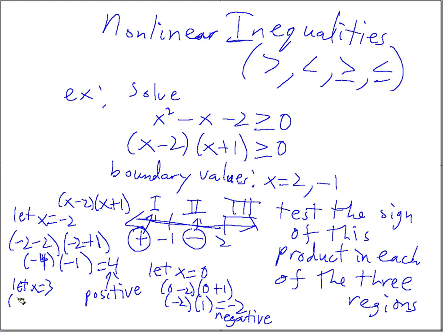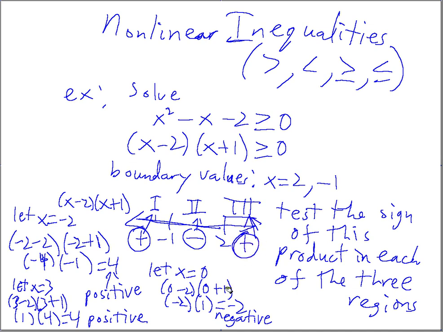Well, that's going to be what? 3 minus 2 and 3 plus 1. That's going to be 1 times 4, which is positive. Right? Again, this is positive. All right, does that make sense? Positive. So if I pick a number in the third region, the result will be positive as well. So put a plus right there for the third region.